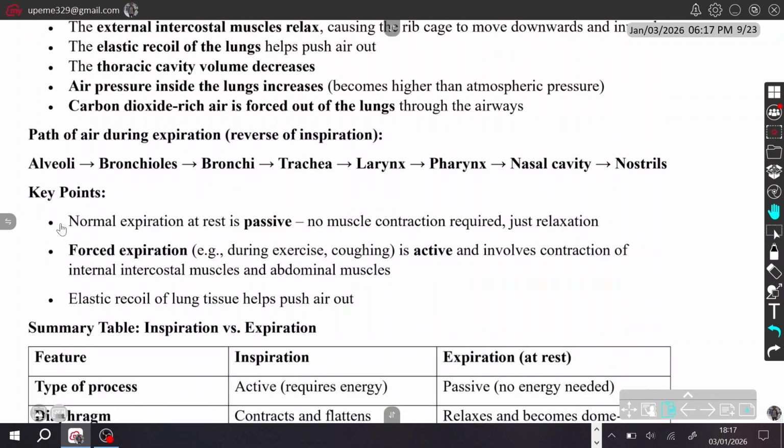Key points here: normal expiration at rest is passive, no muscle contraction required, just relaxation. Forced expiration, for example during exercise or coughing, is active and involves contraction of the internal intercostal muscles and abdominal muscles. The elastic recoil of the lung tissue helps push air out.